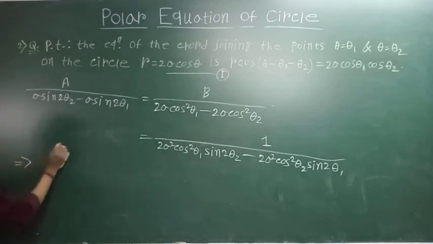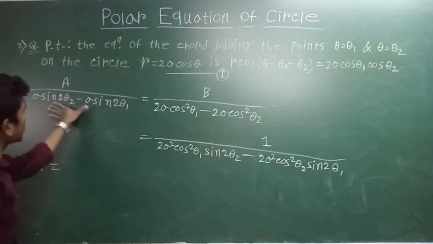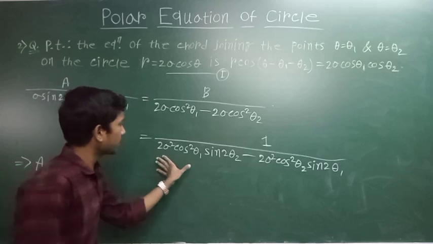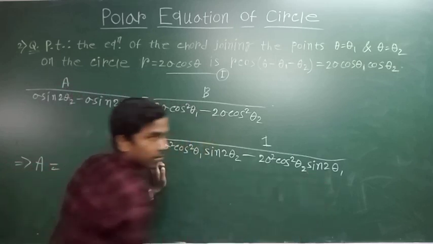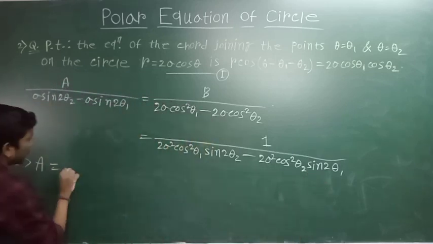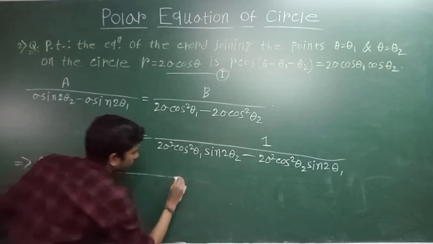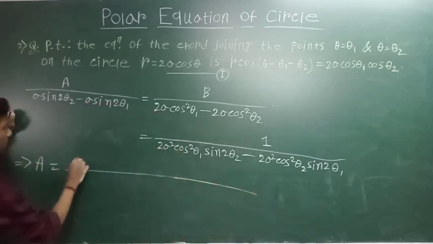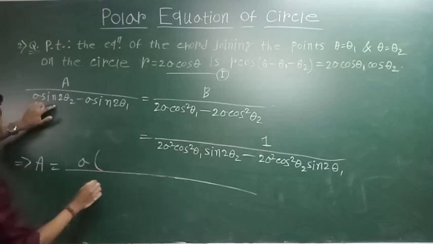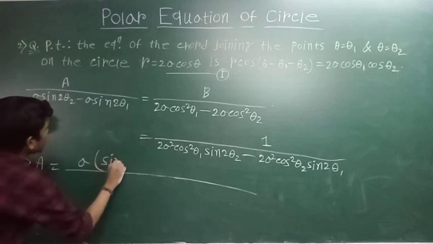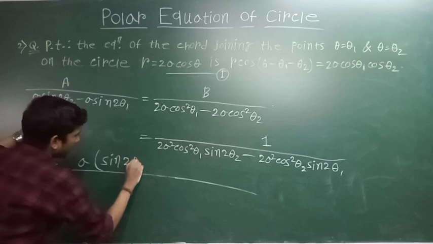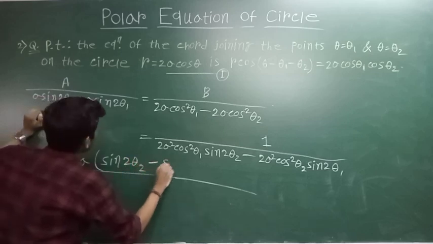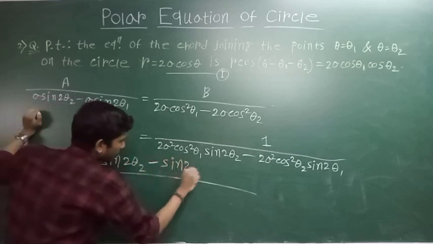This implies a is equal to this quantity, this numerator divided by this quantity. Okay, so a is equal to, now we take a common from the numerator, so a into sin 2 theta 2 minus sin 2 theta 1.